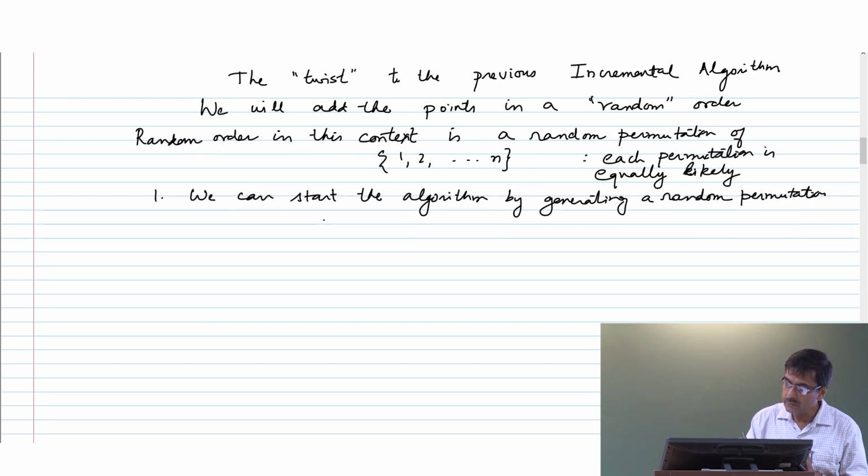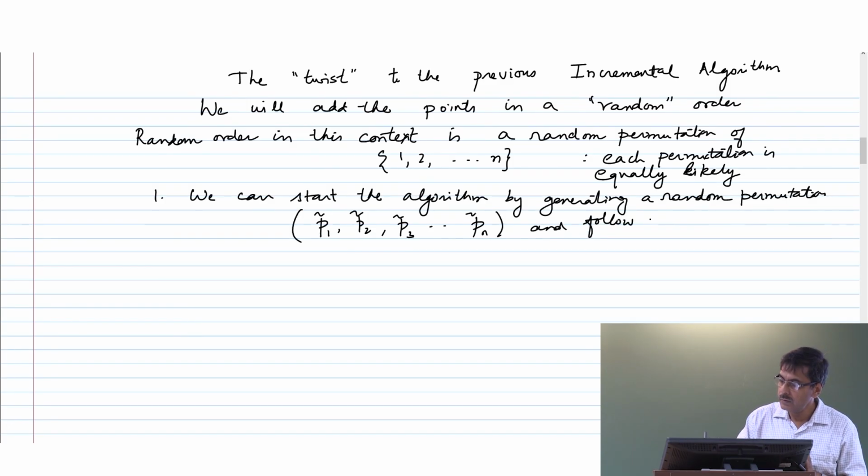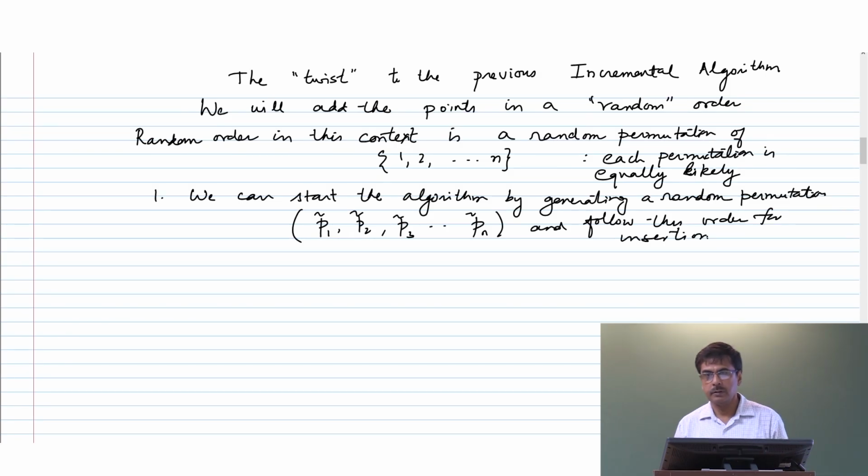Okay. So, I could say that this permutation is basically P1, P2, P3, Pn, okay, and follow this order for insertion. We could do that, okay.